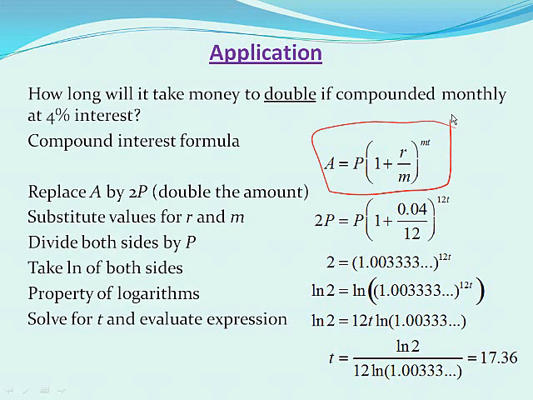We will get this equation, and if we cancel out the P, we will get another equation, 2 equal to 1 plus 0.04 by 12 to the power 12t, which is simplified as this. And this is an exponential equation. Variable is in the exponent. We convert to the logarithmic form, and then we can get a linear equation in t, and dividing with the coefficient we will get t as 17.36.